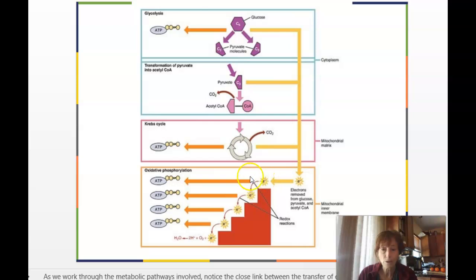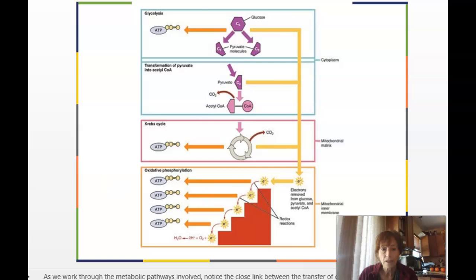So in this case, we're going to get the true payoff of this molecule of glucose into many ATP, which are going to go down something called the electron transport chain, which we'll see coming up. And we're going to extract energy from these electrons that have been carried there, and we're going to use that to fuel a process that will generate more ATP.